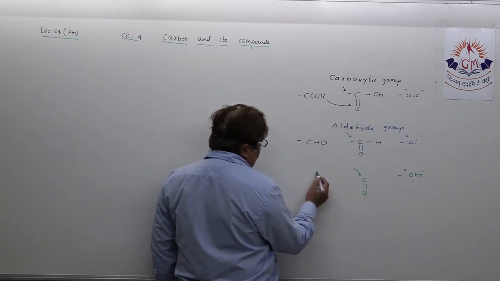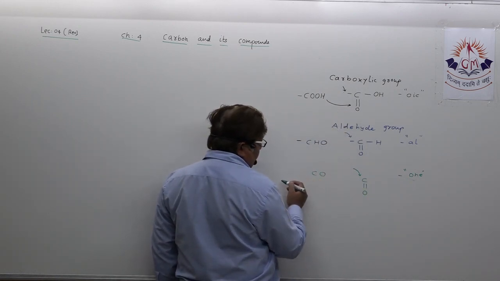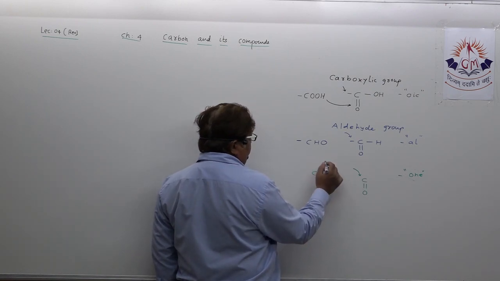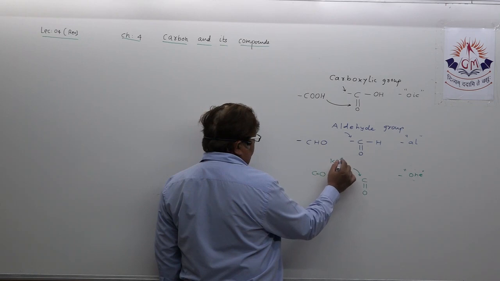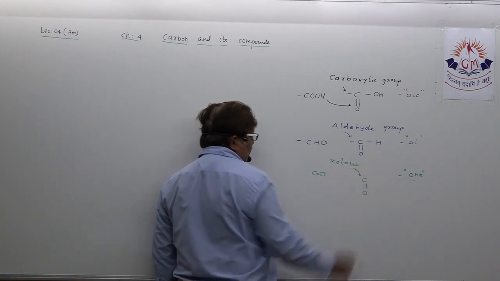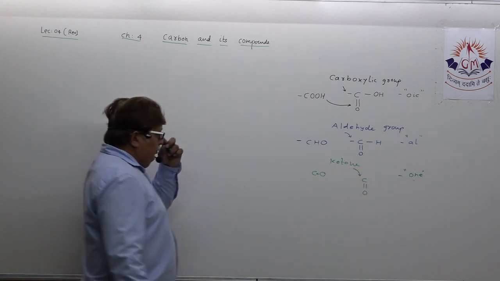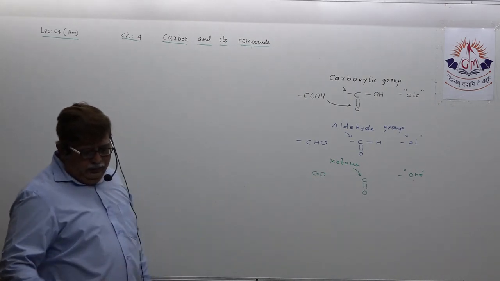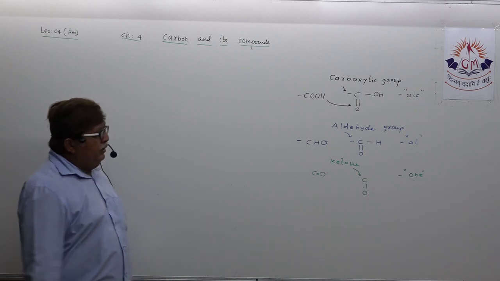And here also you can show it this way: C double bond O. This is the structure and we call it the ketone group. What do we call it? Ketone. Okay, so these three functional groups have to remain in our mind.